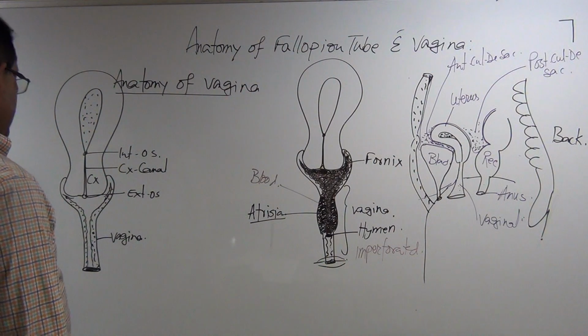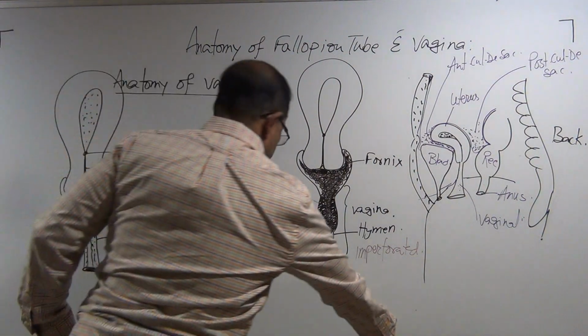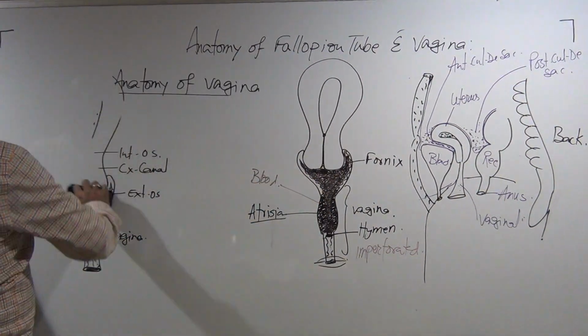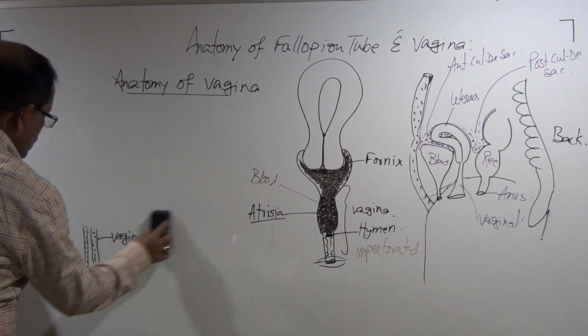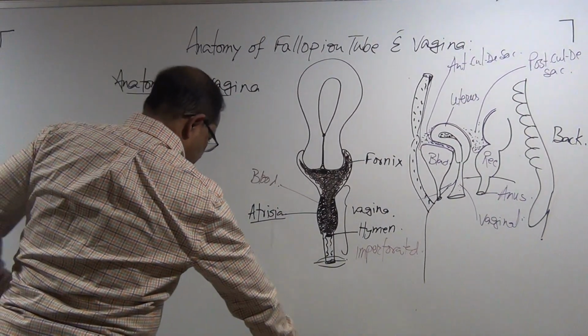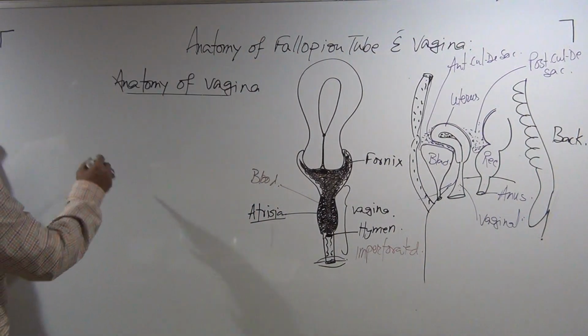We will see it sonographically. Okay. And this is called hematocolpos. Sonographically, how are we going to see it?